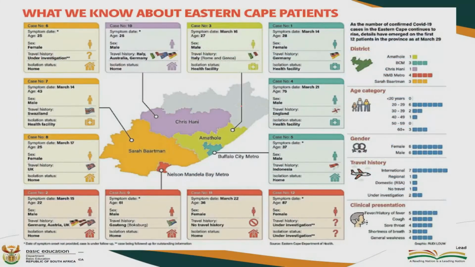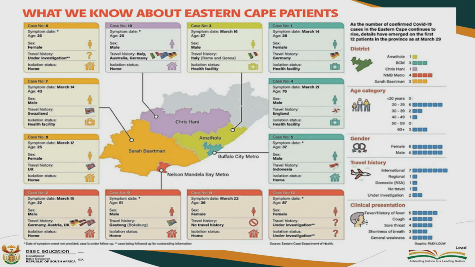Now, when we're looking at what you've got to understand with regards to analysis of data, you will note that this is a model for the Eastern Cape. In the Eastern Cape, we have been able to capture 10 up to 12 different individuals. And these individuals have displayed infection rates. Note the following.